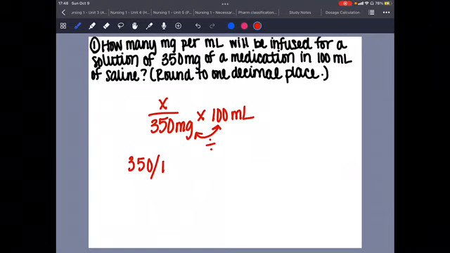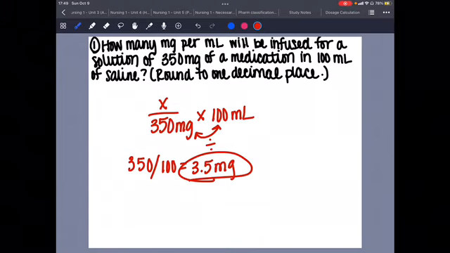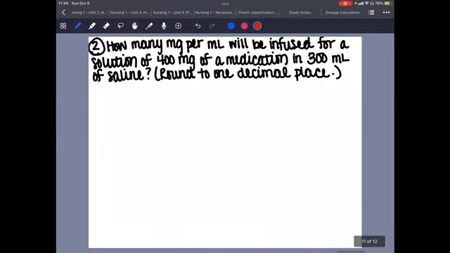So you're just going to do 350 divided by 100, and you get 3.5 milligrams. And that should be your final answer, because all you're doing is solving for how many milligrams you need. And it says round to the nearest one decimal place. The decimal place is already 3.5, so I'm just going to leave it at that.